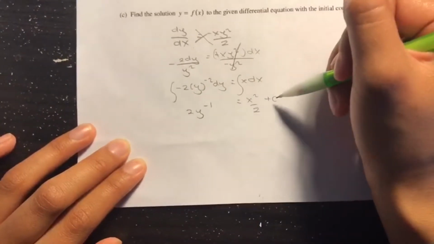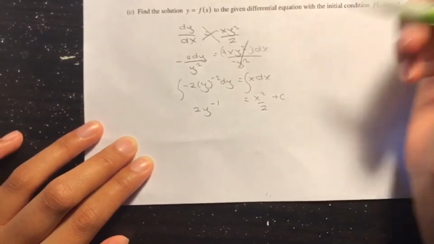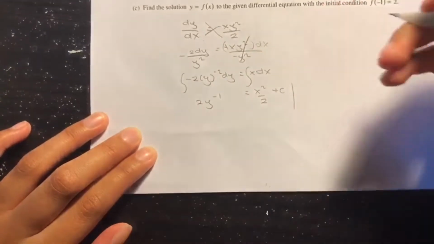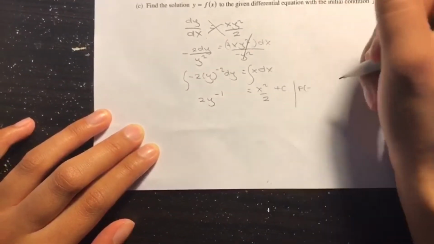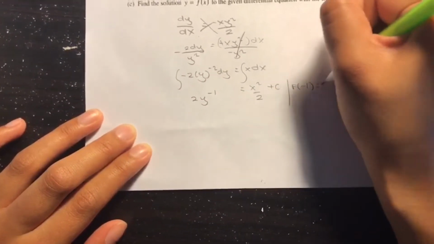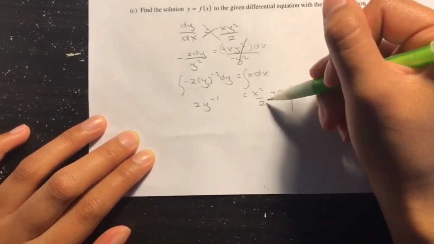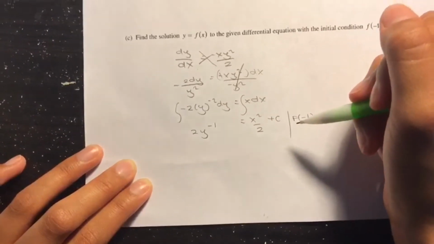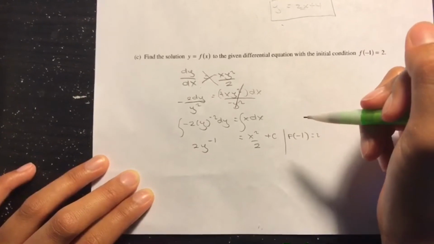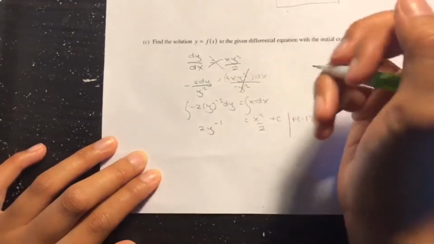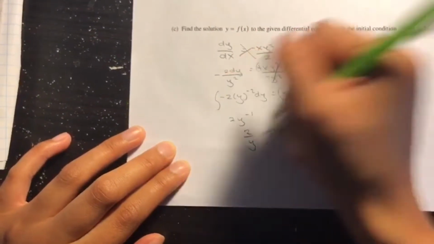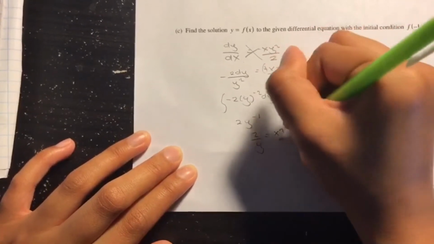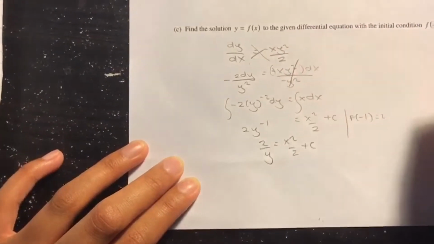Now we need to solve for c. The initial condition that we were given, f of negative 1 is equal to 2. We plug that into these points and we will solve for c. So let's just simplify this. So y is on the bottom, x squared over 2 plus c.